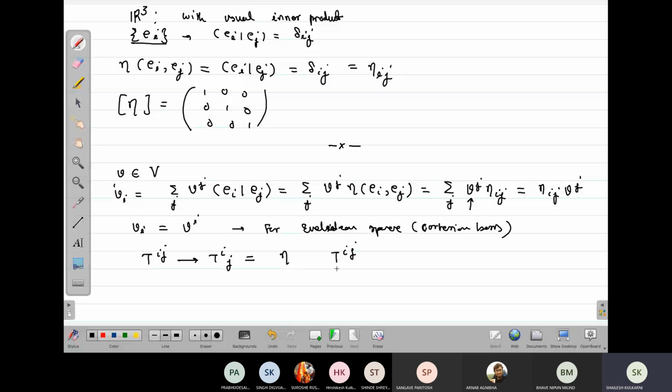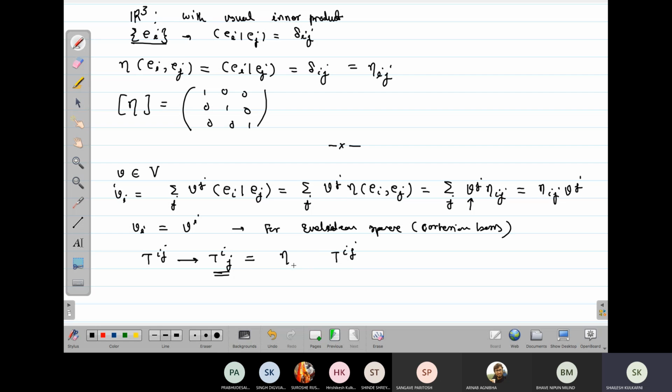So first I will write that tensor T ij, and my aim is to get this tensor, with upper index i and lower index j. If I place j here, I will never get j as a lower index.